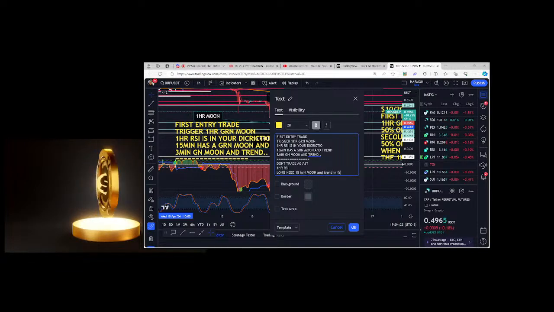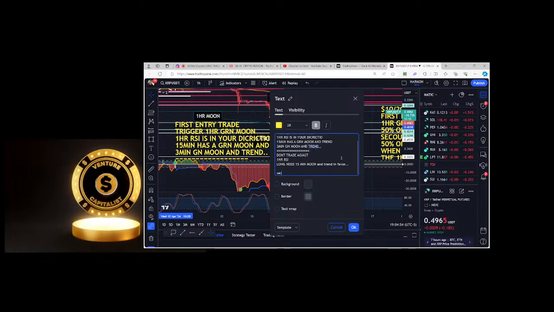in our favor, right? So anytime you look at something as you do your entries, you'll get better at your entries as you dig into it a little bit more and watch more videos. These are the basic entries. So the trigger is a 1 hour green moon, 1 hour RSI in your direction, right? And then obviously the second entry always comes down to where you're dealing with the 1 hour trend or the 15-minute pullback. The 15-minute pullback, right, is your second entry.